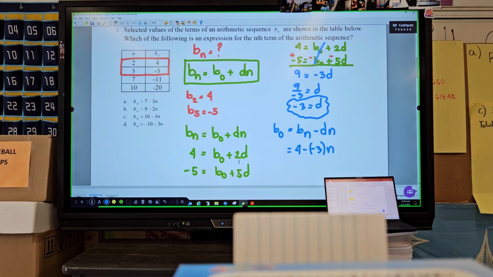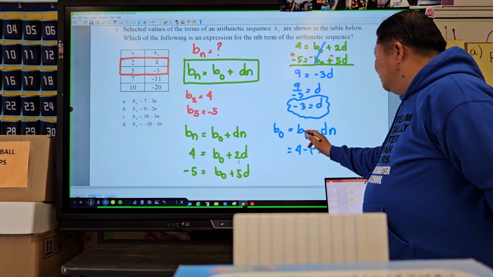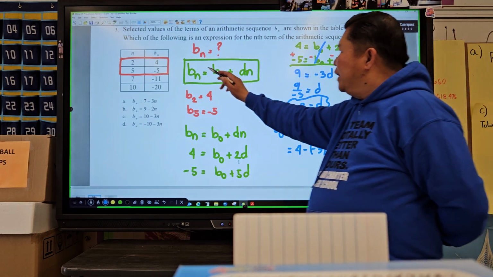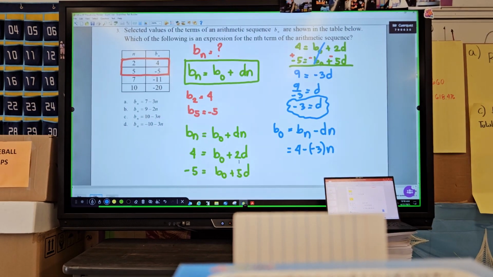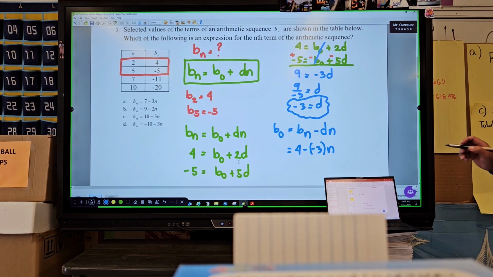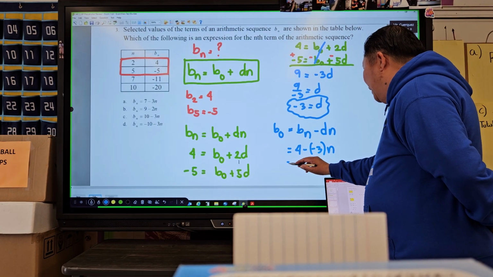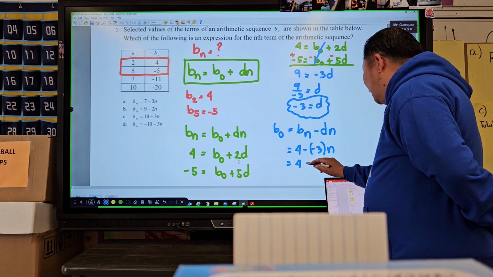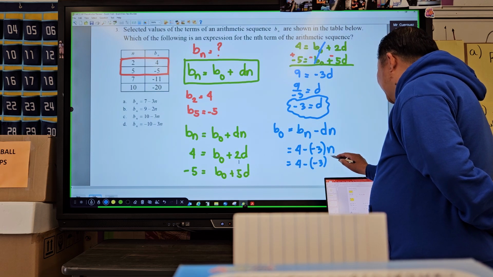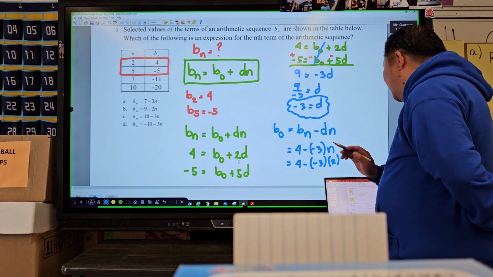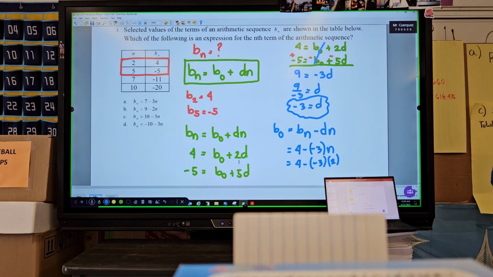What is n at b of n? What is n right here? N is 2. Here, guys. Okay. So, we say 4 minus negative 3 times 2. Clear, guys?